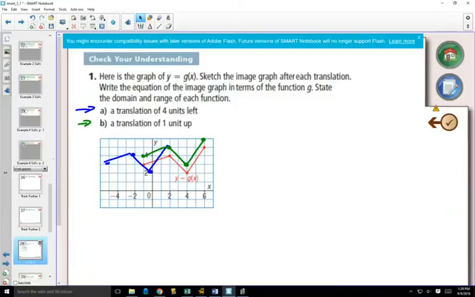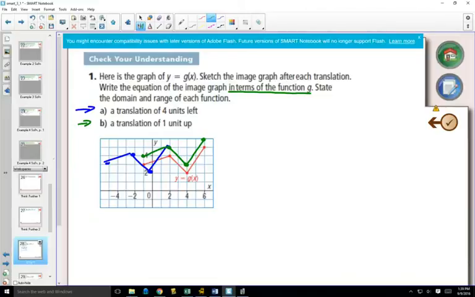Now, part 2 here, some language that we get into. In terms of the function g, so when this language comes up, for the most part, students go, whoa, what does that mean?